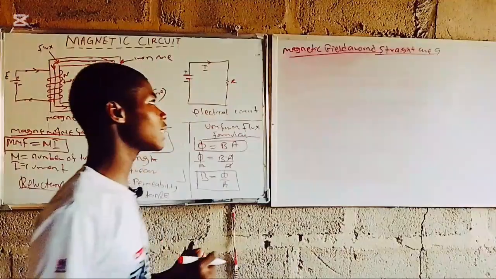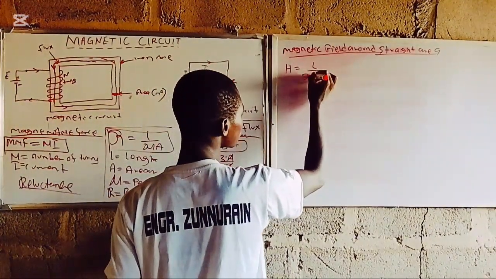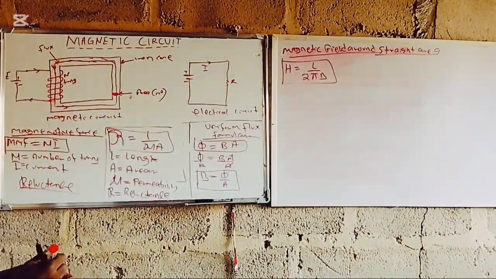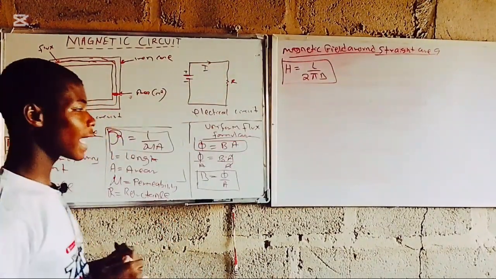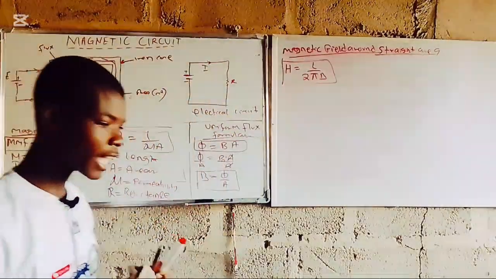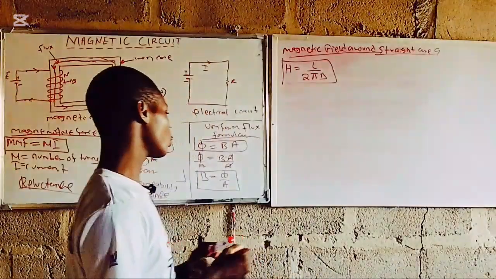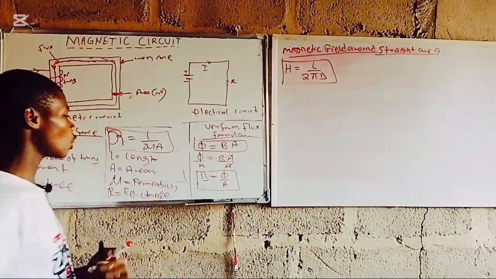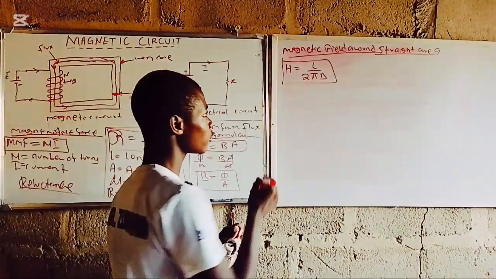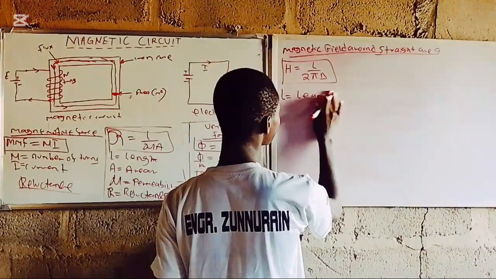The magnetic field around a straight line is H equals I over 2 pi D. So don't forget, each and every formula that I write, you have to take note of it. In most of the examples of magnetic circuits, each and every formula that I write is very important to you. Where I stands for the current.